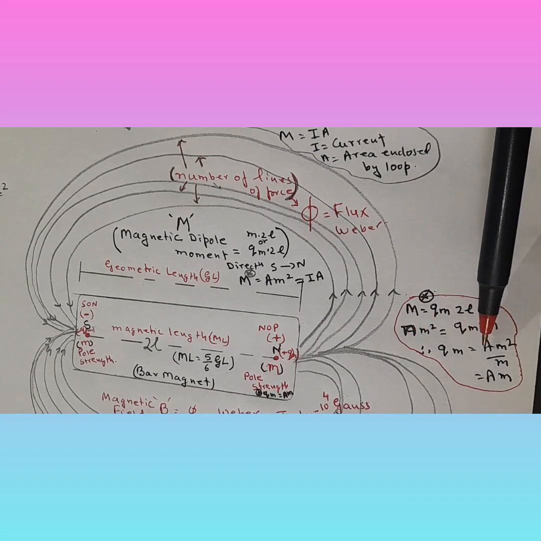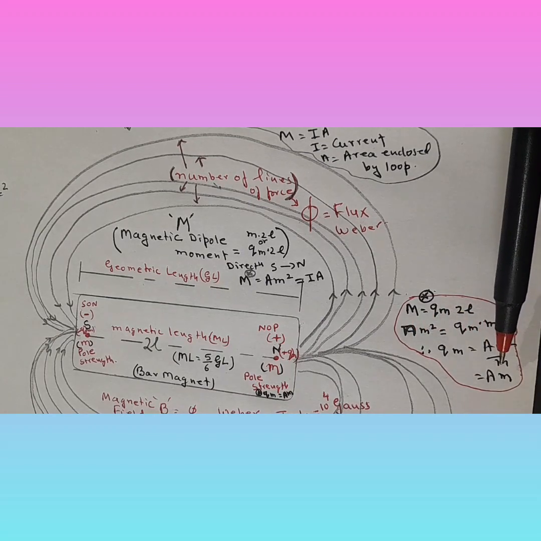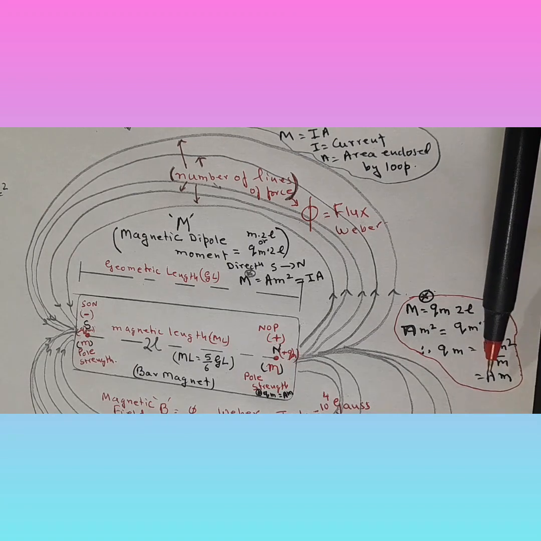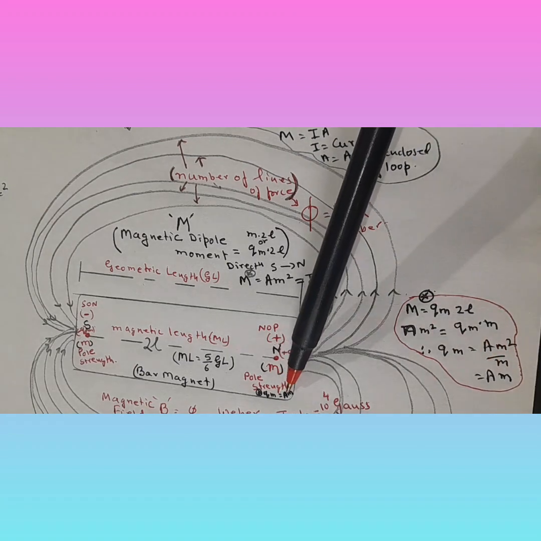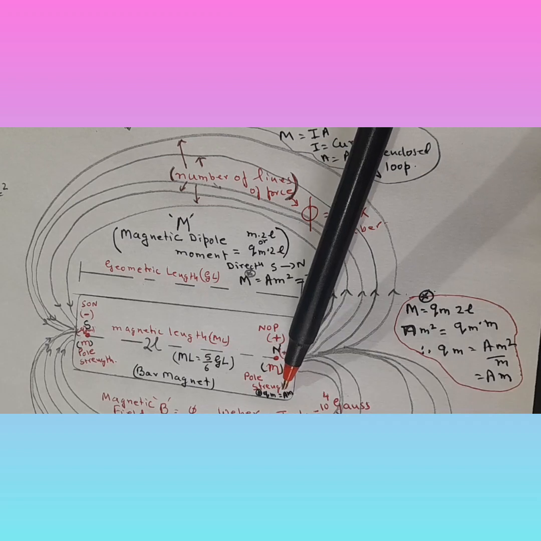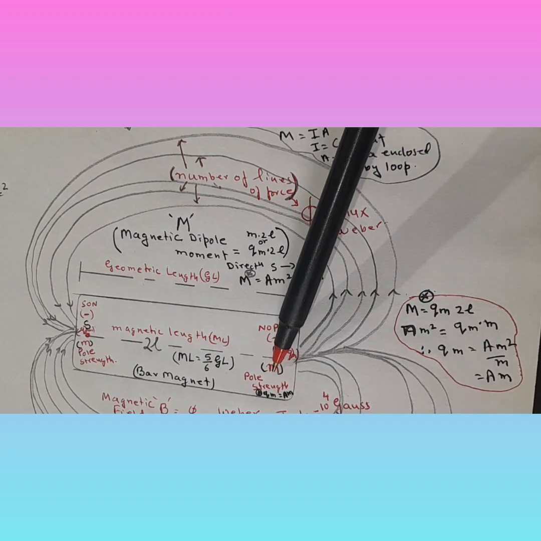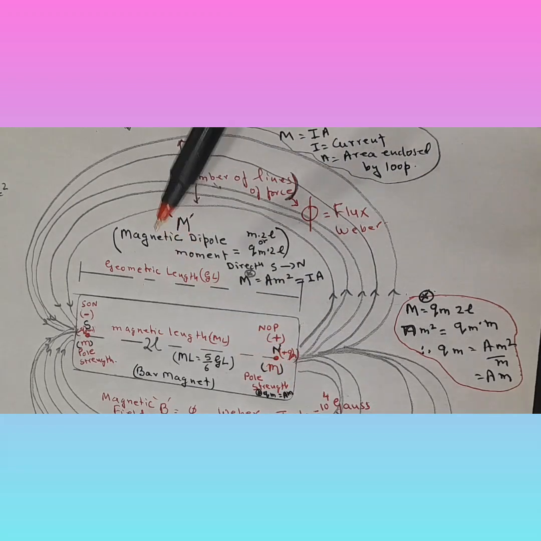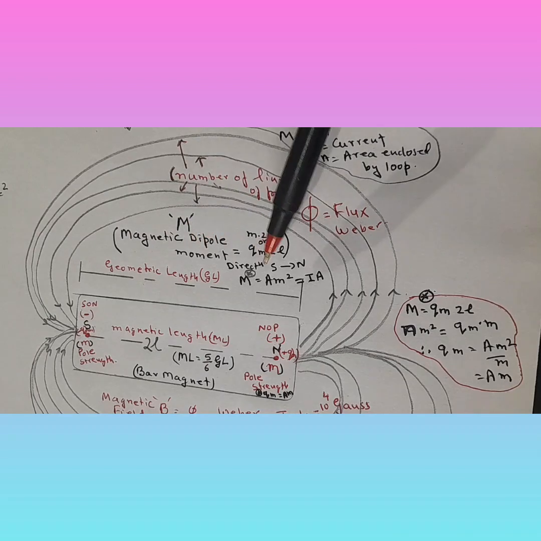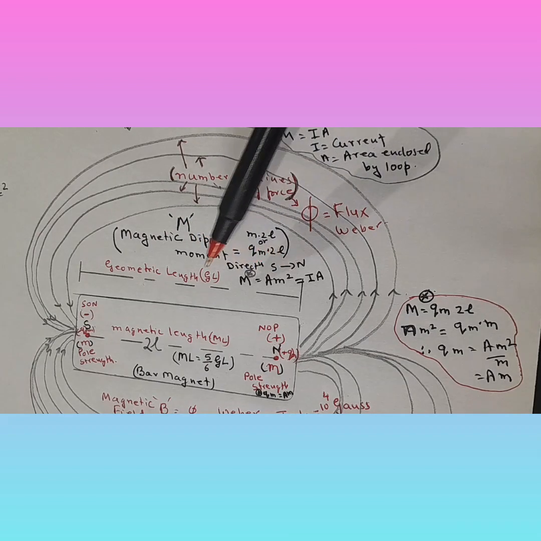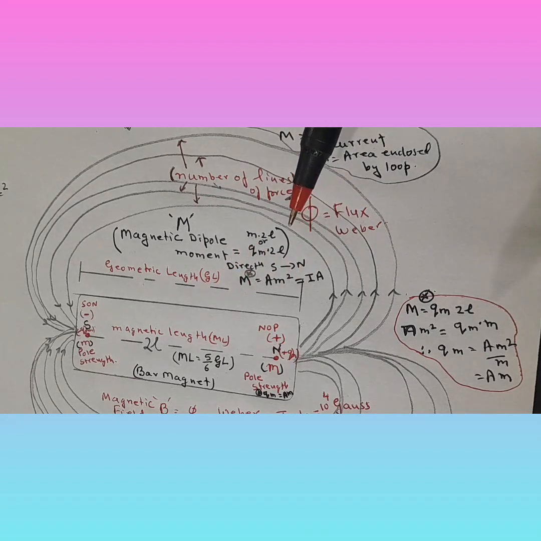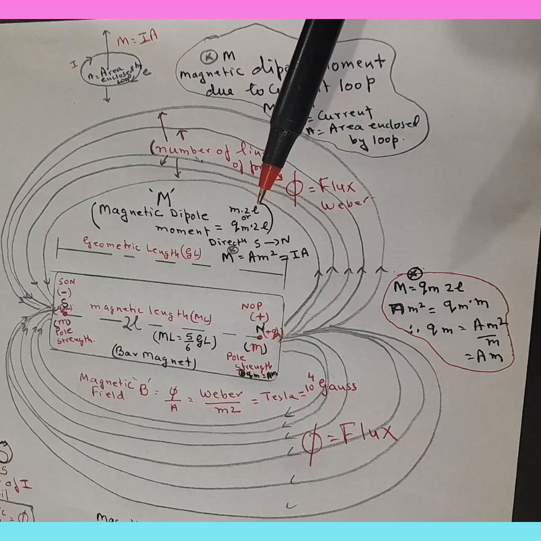So it gets into A M square upon M. So ampere meter is the unit of pole strength, and for magnetic dipole moment the unit is ampere meter square. Alright, so these are certain things which we have got to always move around with whenever we are doing electromagnetic induction.